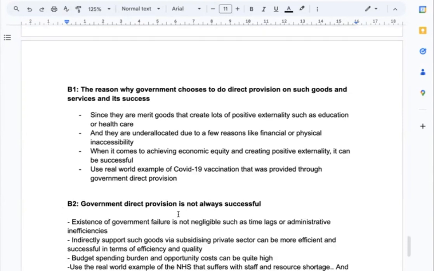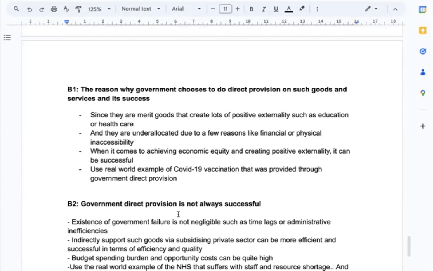Next, I can analyze the reason why government direct provision is not always successful. First, the existence of government failure is not negligible, such as time lags or administrative inefficiencies. Also, indirectly supporting such goods via subsidizing the private sector can actually be more efficient and successful in terms of efficiency and quality upgrading.